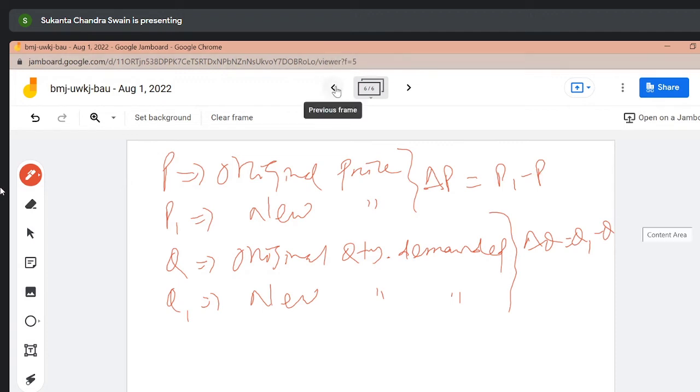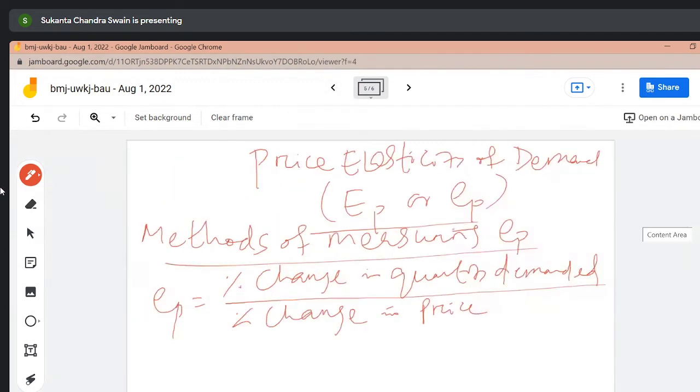Now, as you are interested in this formula, the percentage change will be del Q by Q into 100, divided by del P by P into 100.